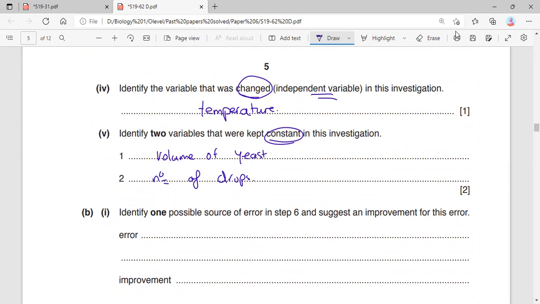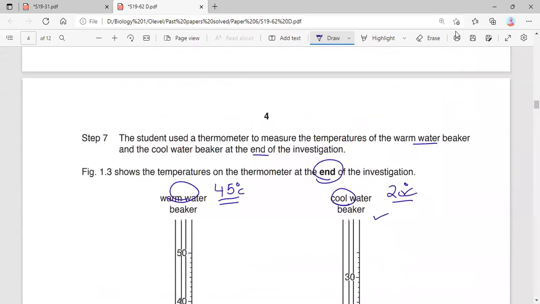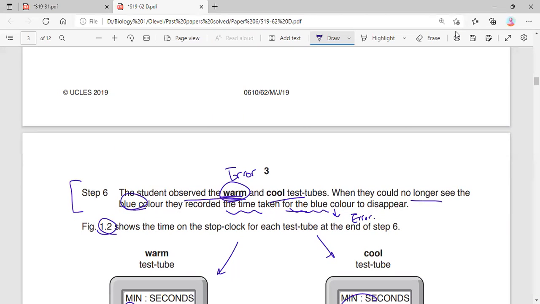Okay. Identify one possible source of error in step 6 and suggest an improvement. We said 2 errors in step 6. One of them was observing both test tubes at the same time. This is not accurate. What should I do? You should do each test tube separately. The other one was judging the color.